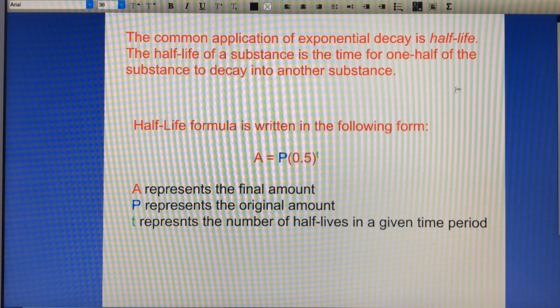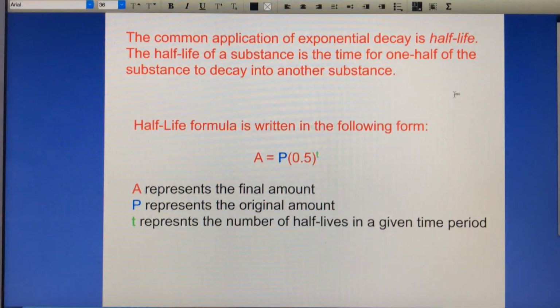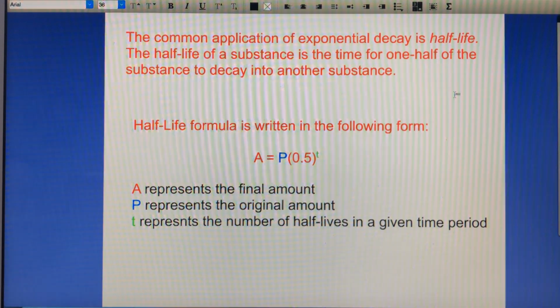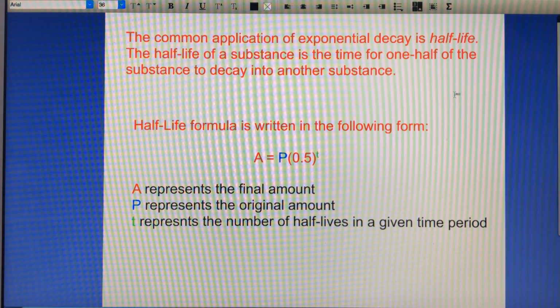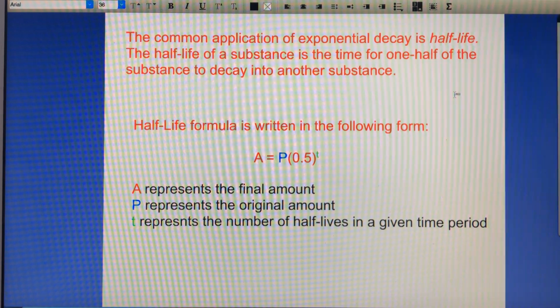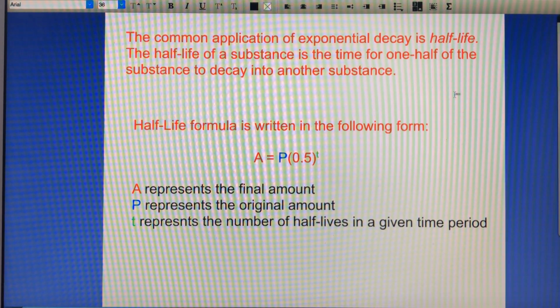My last formula is called half-life. The half-life of a substance is the time for 1/2 of the substance to decay into another substance. You're going to see this a lot in science, not just math. Well, math and science go together. We probably realize that by now.